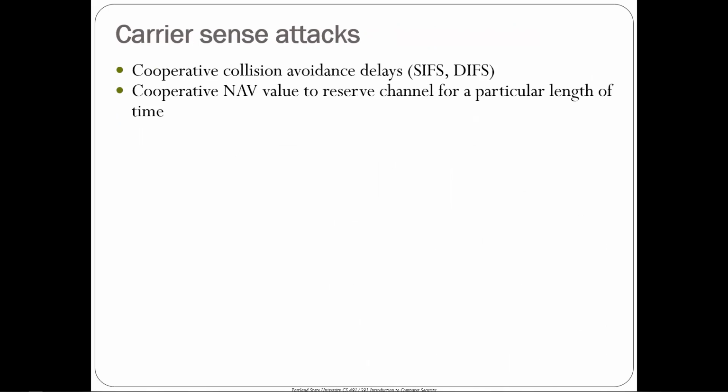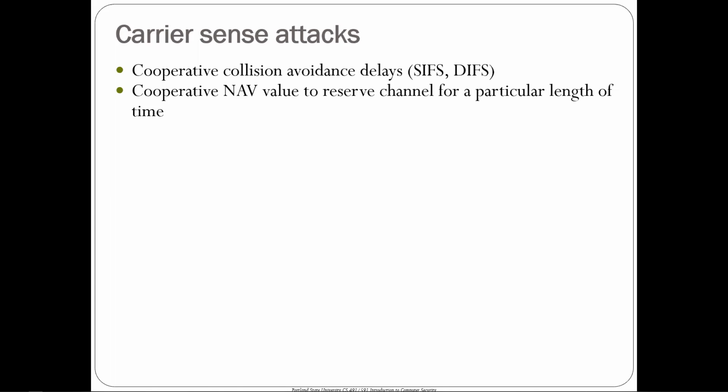You can also attack availability by attacking these delays that are built into the collision avoidance mechanism that we talked about earlier. You realize that this is the cooperative NAV vector, where people are like, oh, they're negotiating the transmission of data, so I'm going to back off.